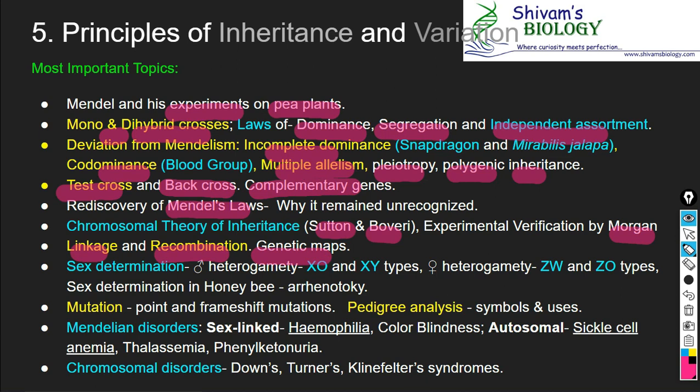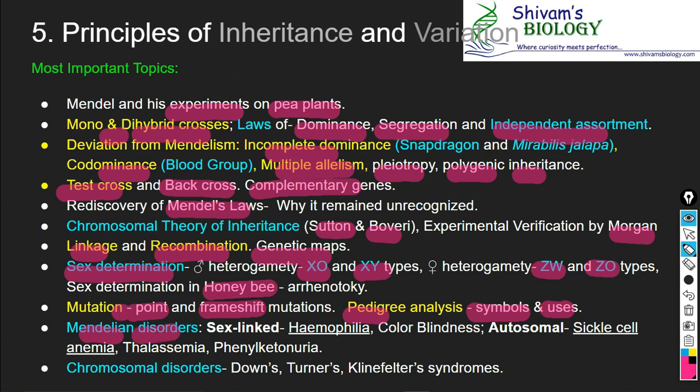That's important. Sex determination and its types, various types like XO type, XY type, ZW type, ZO type, these are important. Sex determination in honeybee is also important. Mutation and its various types like point mutations and frameshift mutations. Pedigree analysis, its symbols and uses.